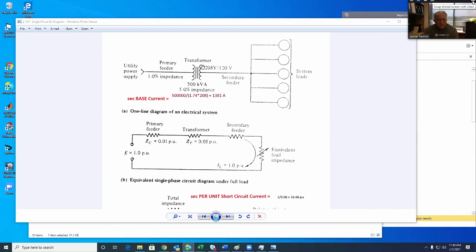Okay, so we are describing this system. So now the one-line diagram. We assume the source is 1 per unit. And then we will have the utility impedance. So what is this impedance? This is the impedance of all the cables from the power substation to our transformer.